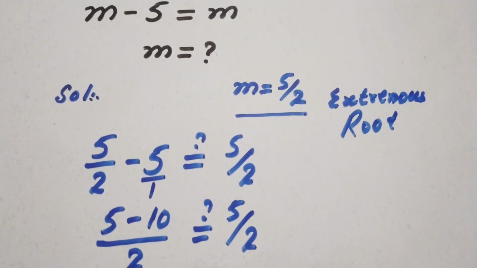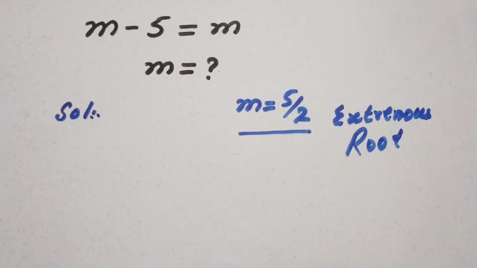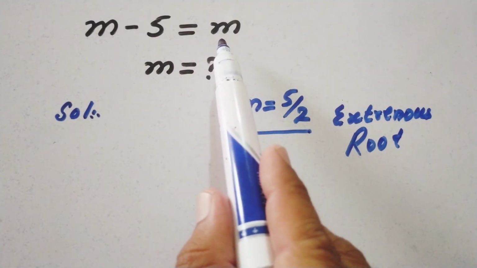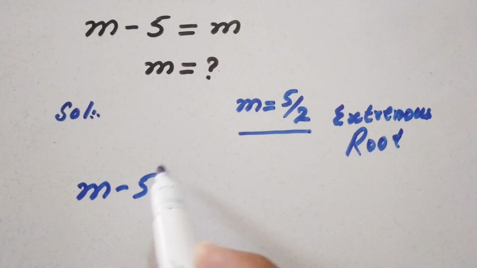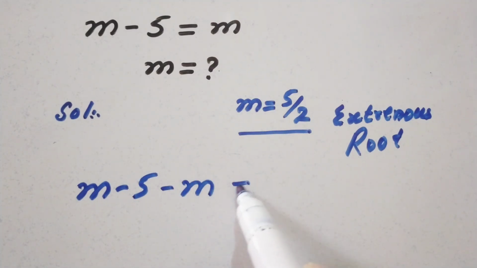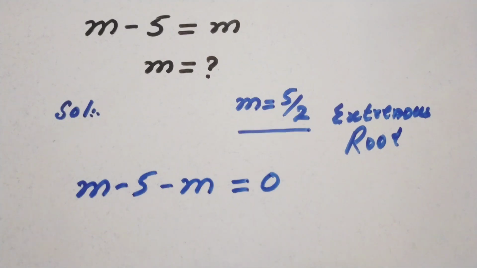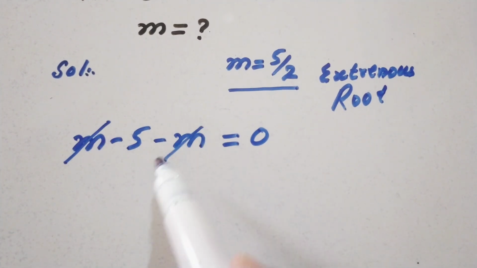Now let's solve this question by the second method. In the second method, move this m from right hand side to left hand side. This will become m minus 5, and by moving, this will become negative m at the left hand side, is equal to 0. So in the next step, plus m and minus m cancel out each other.